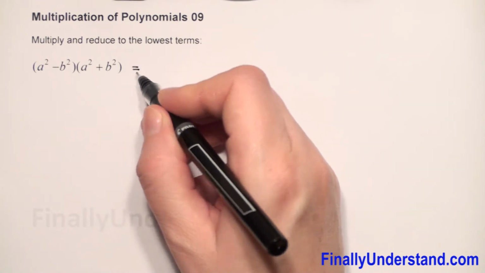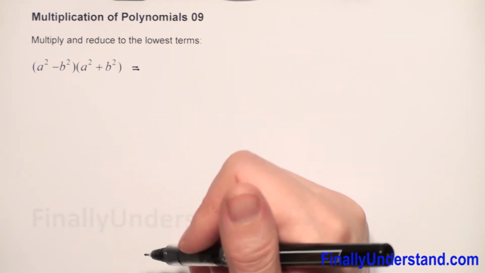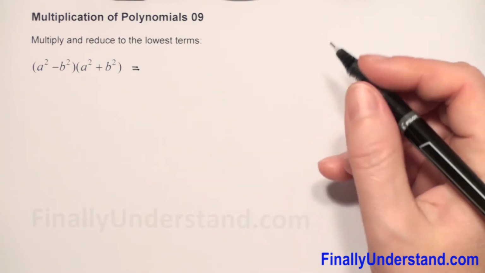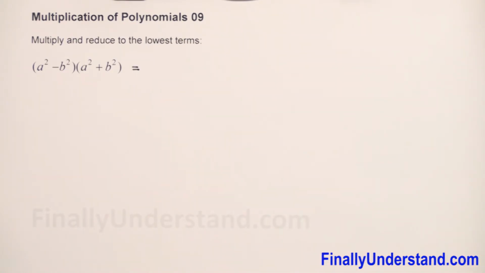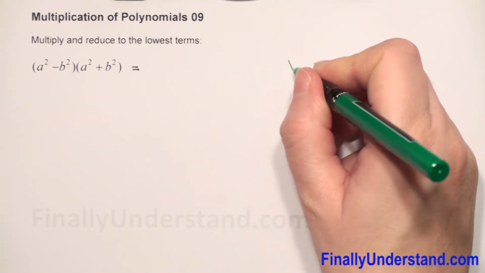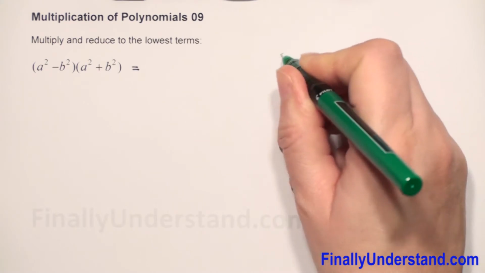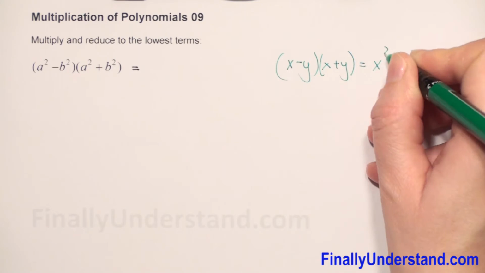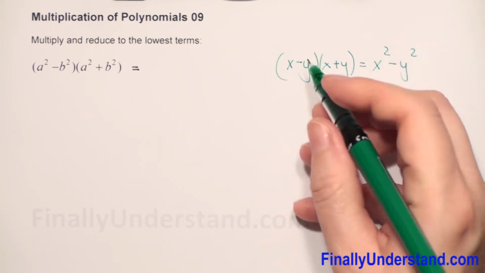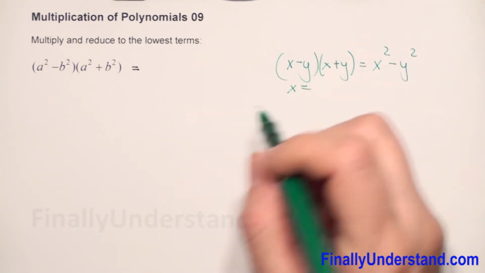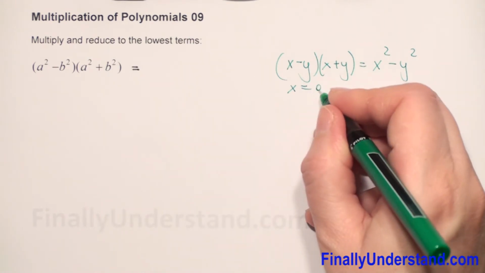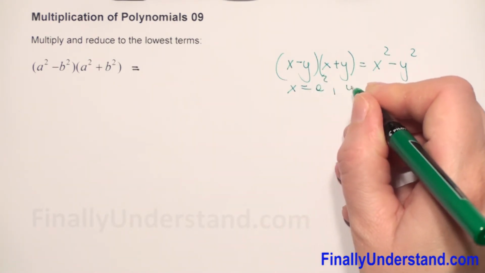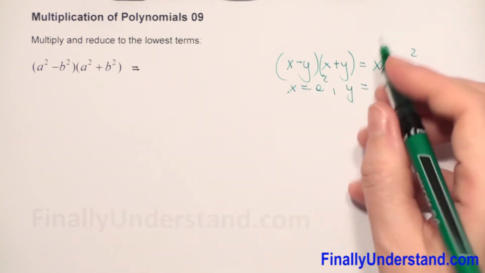So let's use first formula difference of two perfect squares when we have x minus y times x plus y. This is equal x squared minus y squared. In our example, x is equal a squared and y is equal b squared.